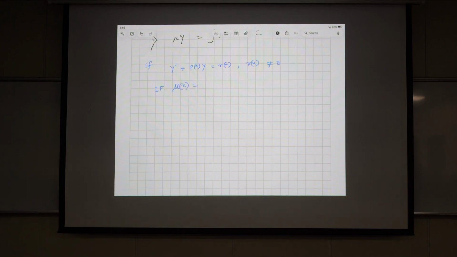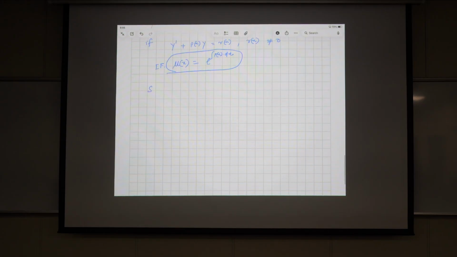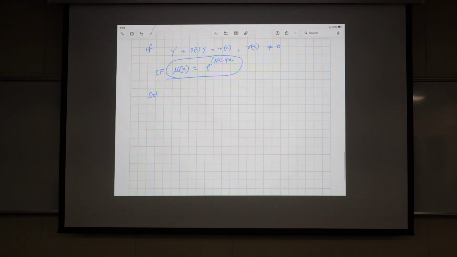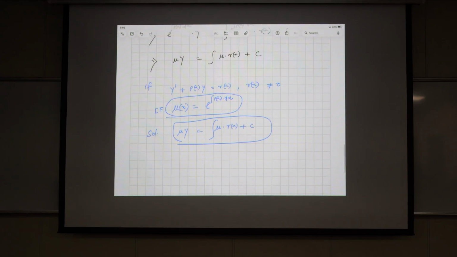How to find mu(x)? It is e to the power ∫p(x)dx. And once you have this integrating factor, your solution is mu y equal to the integral of mu r(x) plus c. This is your solution. In short, that's just two lines.